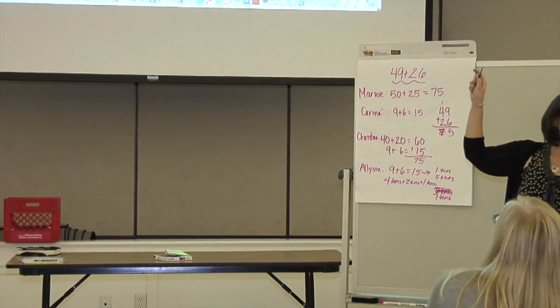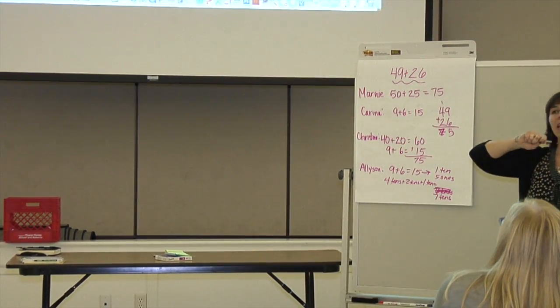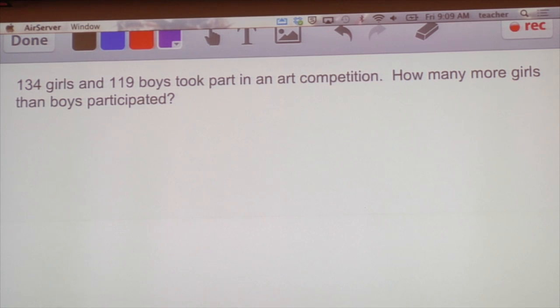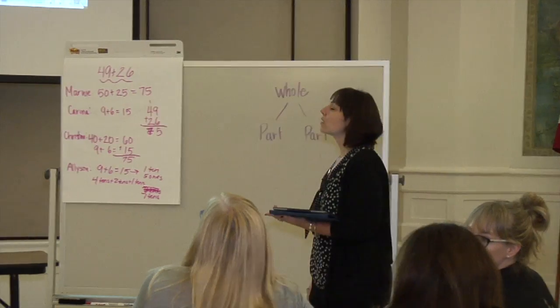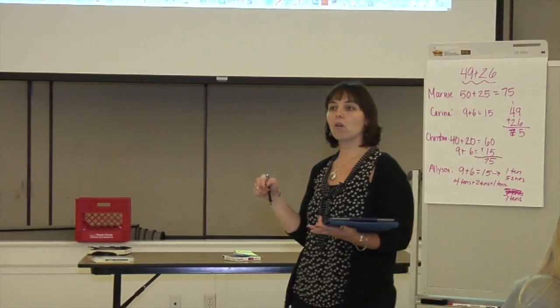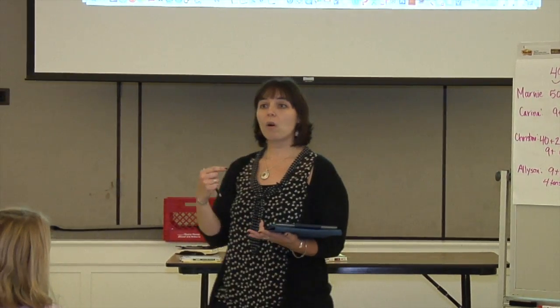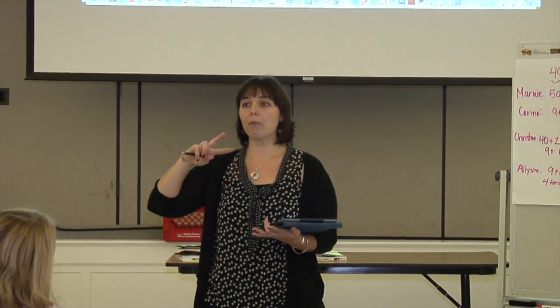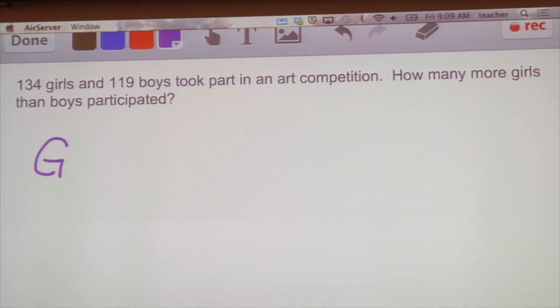I need a different volunteer. Somebody read it. 134 girls and 119 boys took part in the art competition. How many more girls than boys participated? Right. So this one, I don't have part, whole. I am comparing. That means I need 2 bars to compare. I've got a bar for the girls, and I put a G to signify that's my girls bar.